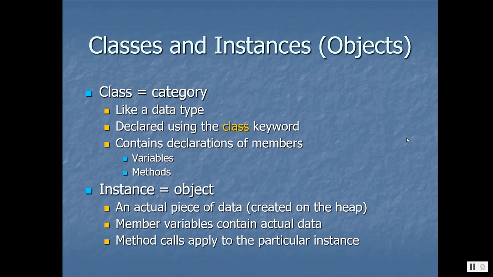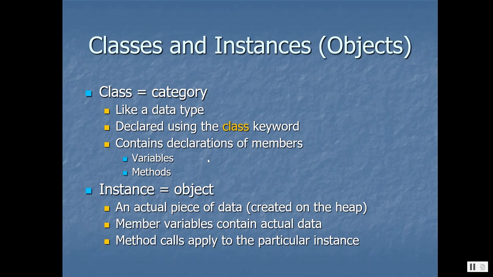So I think we need to get into a little more detail about our terminology. Classes versus instances. A class is a category, an instance is an object. To relate it to database talk from 330, a class would be roughly the same as an entity type, in the sense that it has fields, or variables.